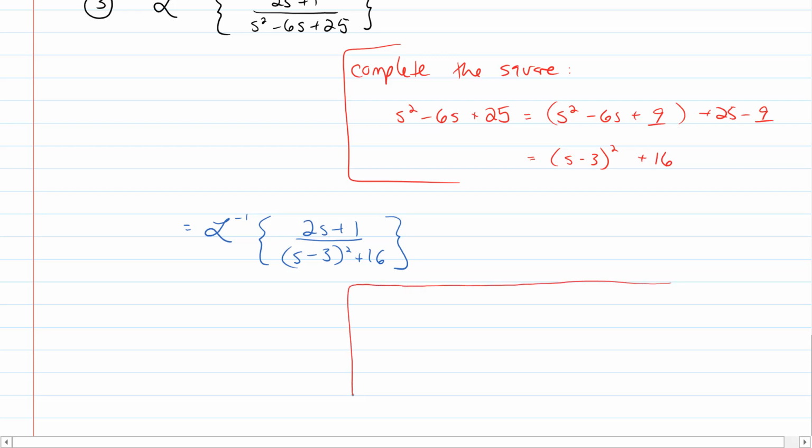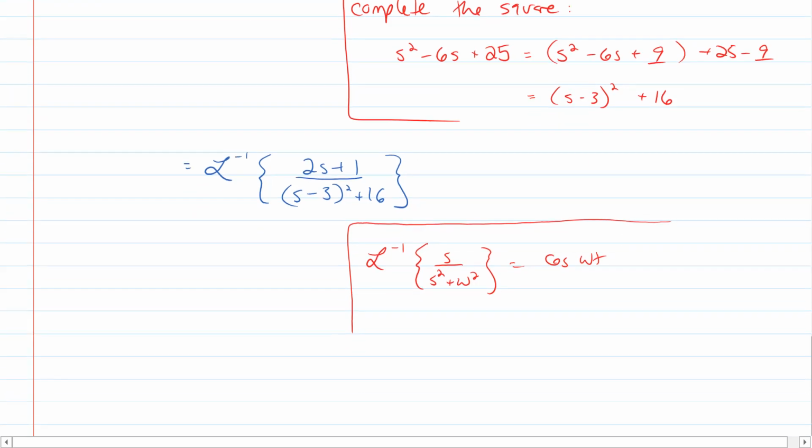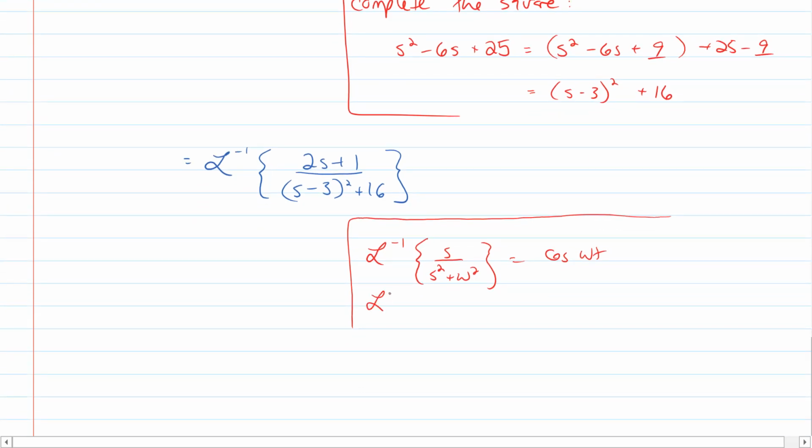So we're going to first recall that the inverse Laplace transform of s over s squared plus omega squared is equal to cosine of omega t, and that the inverse Laplace transform of omega over s squared plus omega squared is equal to sine omega t.